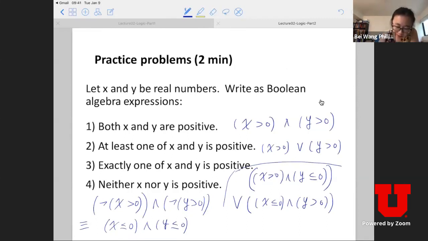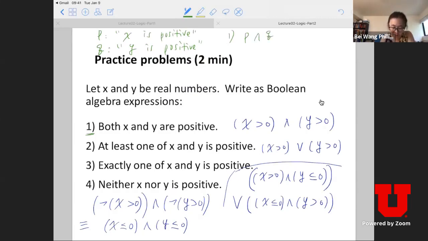But another way I can do this for this problem is to say, I'm going to use P to represent the statement that X is positive. And I'm going to use Q to represent the statement that Y is positive. Then the first statement, both X and Y are positive, is going to be P and Q, right?